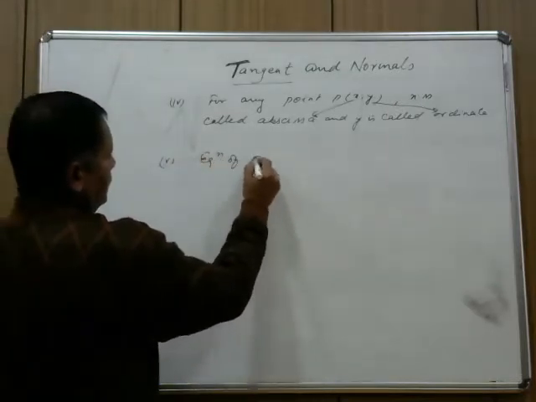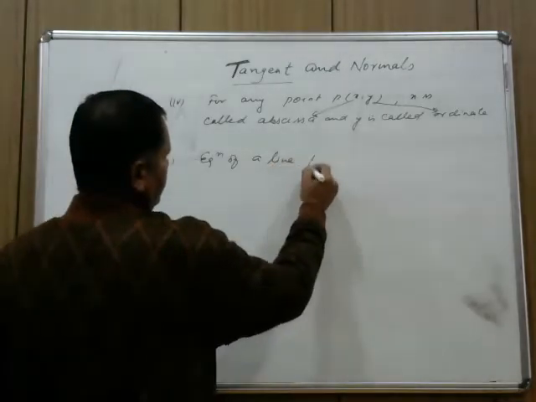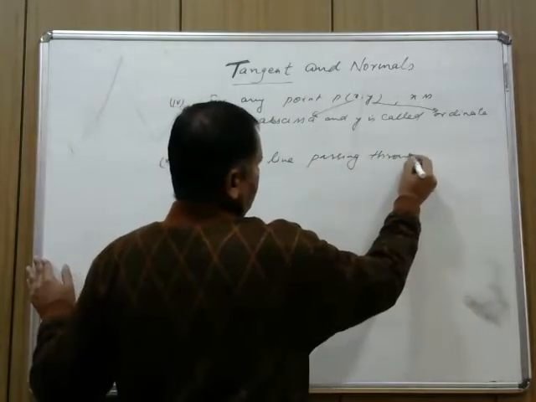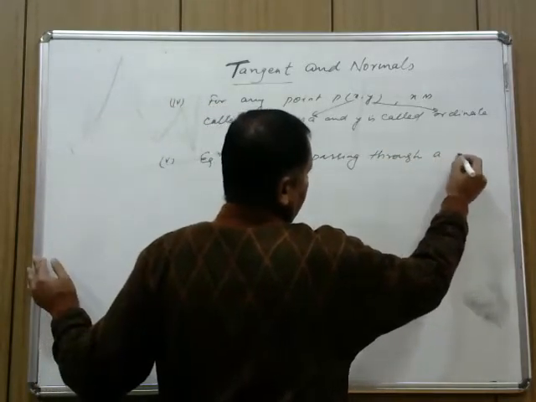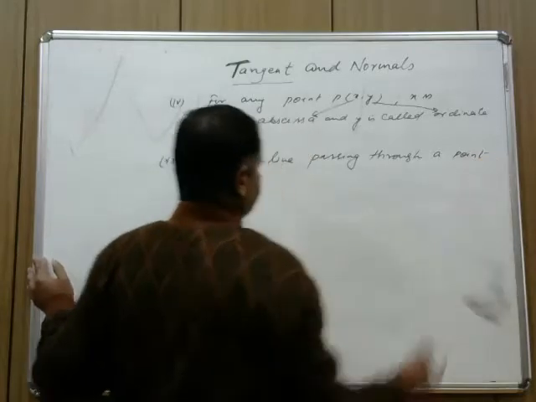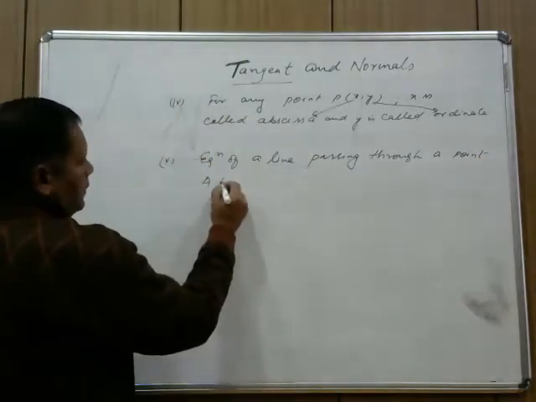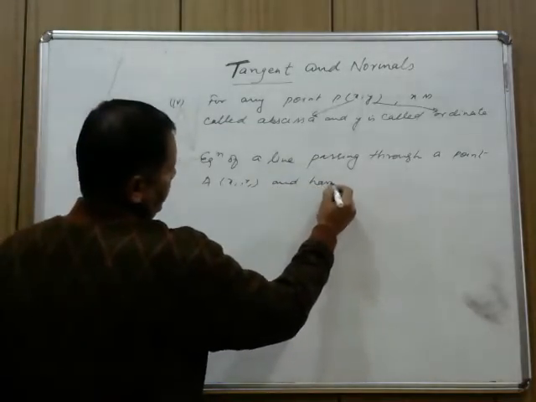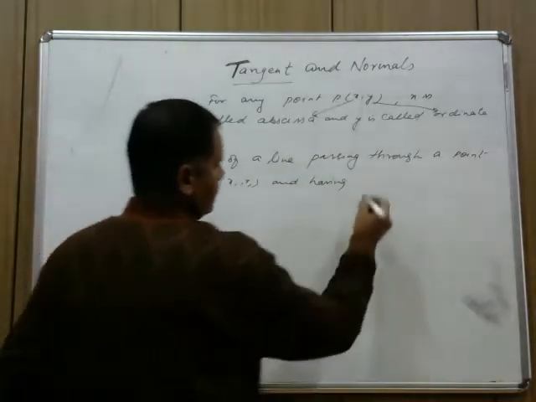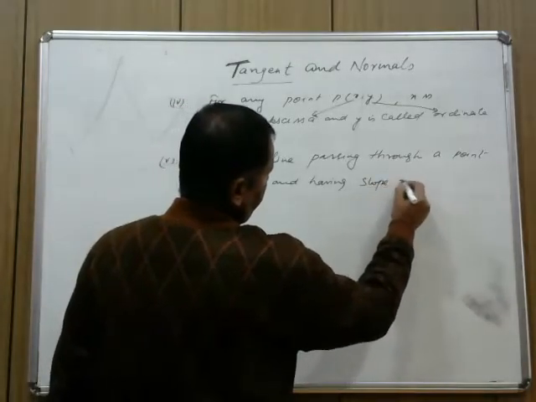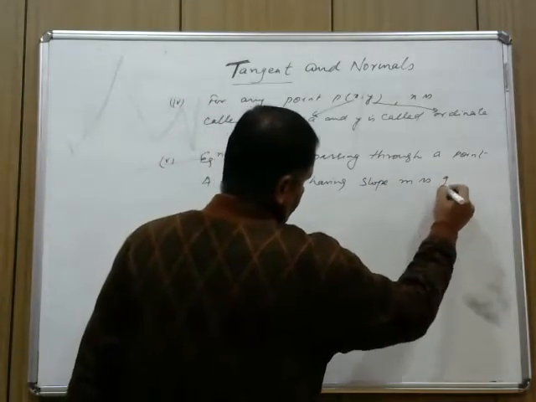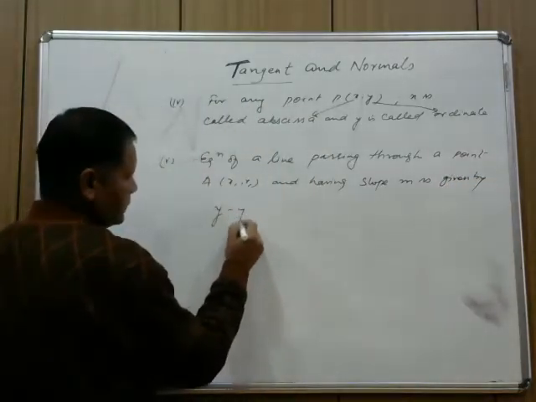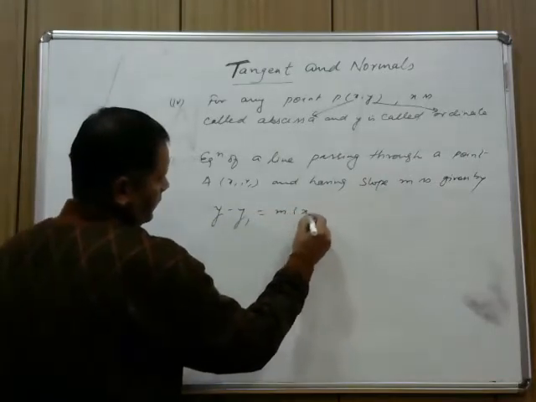Equation of a line passing through a point (x1, y1), very important point, and having slope m is given by y minus y1 is equal to m(x minus x1).